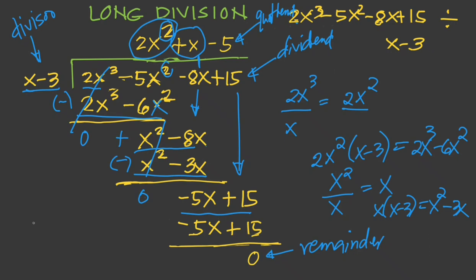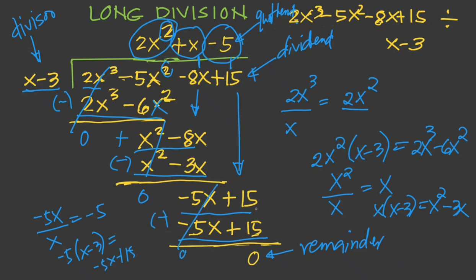We divide negative 5x by x. That will be negative 5. Then we write negative 5 here in line with the constant inside the vinculum. Then we multiply negative 5 by x minus 3, which is equal to negative 5x plus 15. And then we write here whatever we got. Then we subtract.